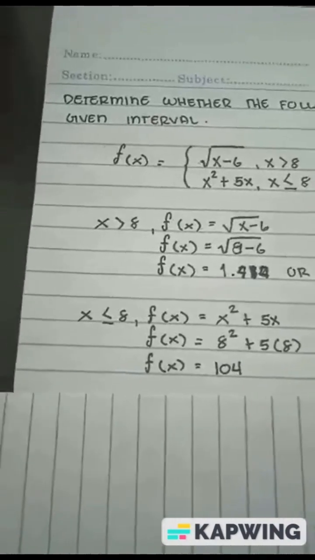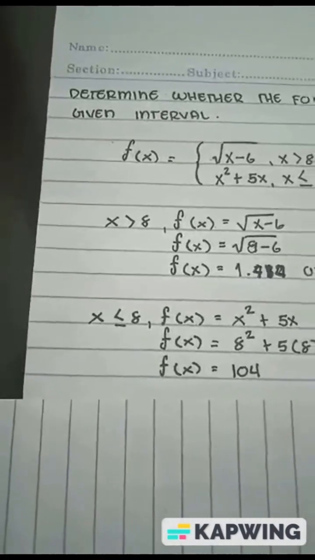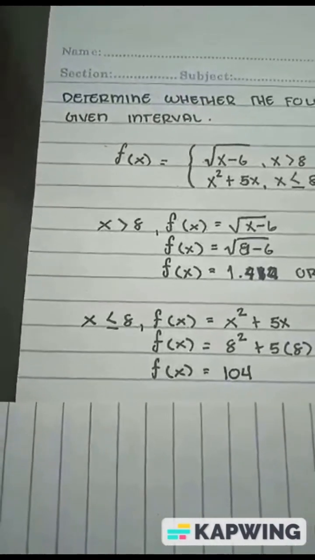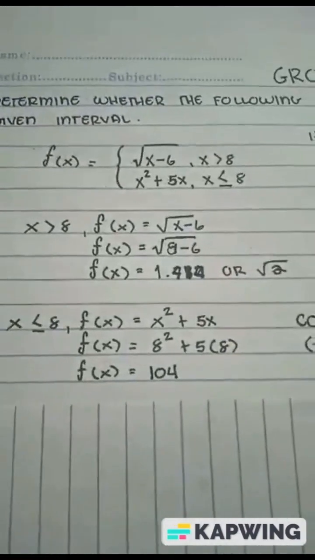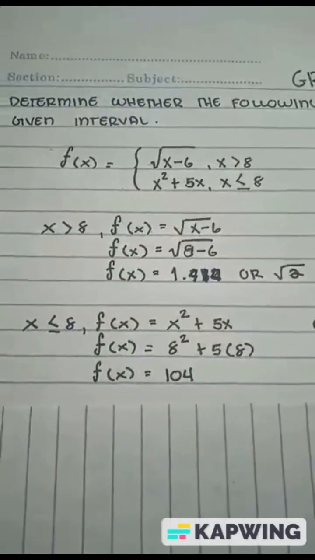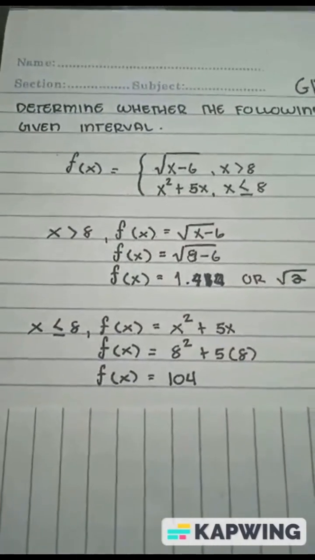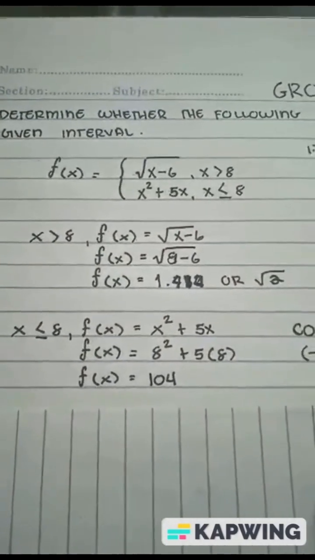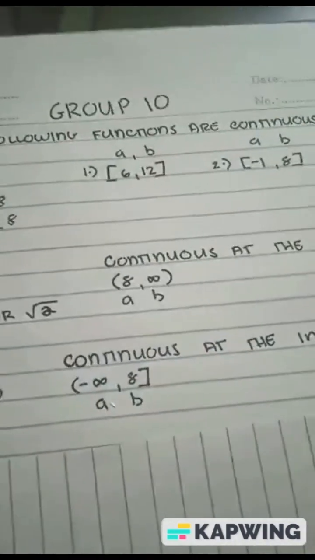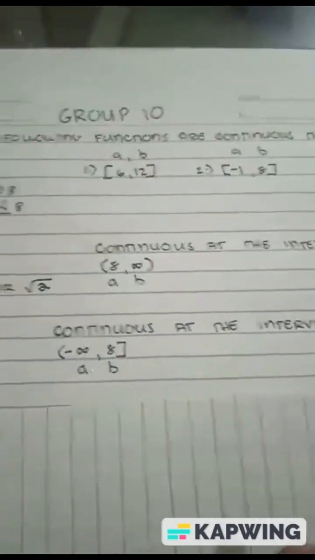Our second piecewise function will be x is less than or equal to 8. So the function we're going to use is x squared plus 5x. So direct substitute again. Since it's a polynomial, it will still be continuous at any given interval.